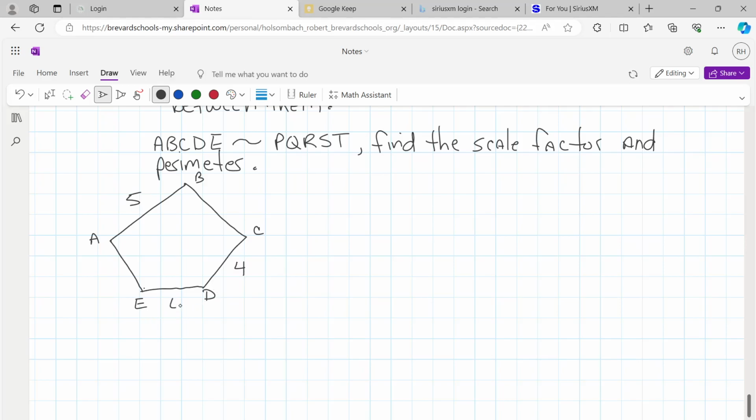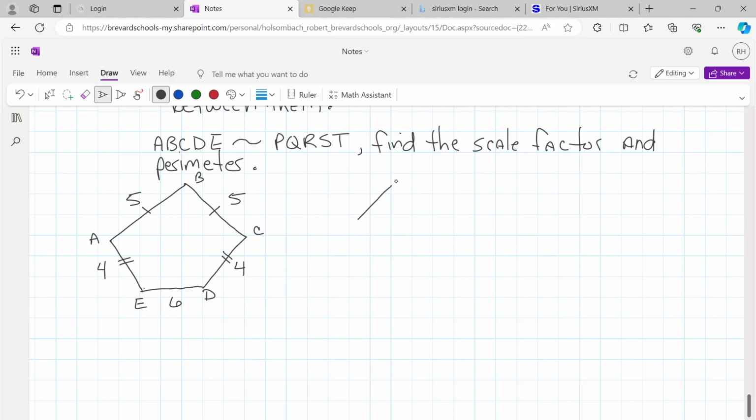And E to D is 6. And we've got tick marks. So we're going to use the tick marks to determine side BC, which is also 5, and side AE, which is also 4. So all of that information is given. Everything's given. We haven't done any math yet. We haven't done any geometry.